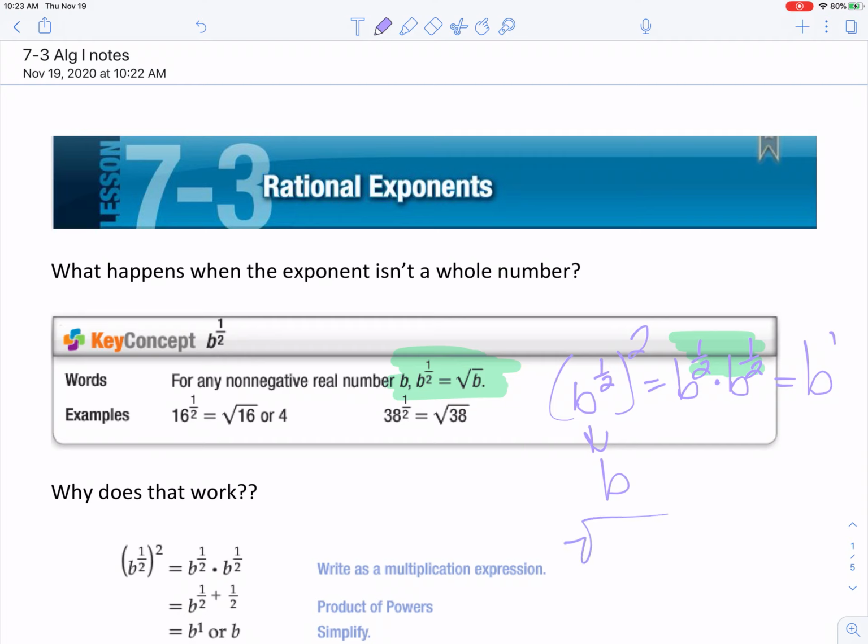Well, check out what happens if you do the same thing with the square root of b. If I square that, that allows the radical sign and the squared to cancel, and I just get b. That's how we can say that b to the 1/2 and the square root of b are the same.